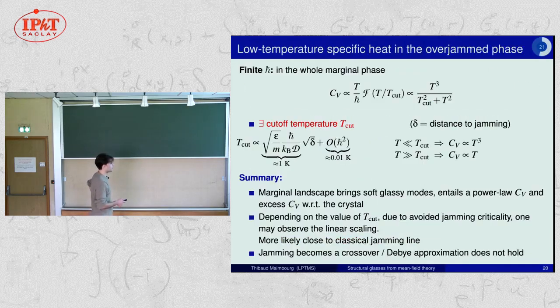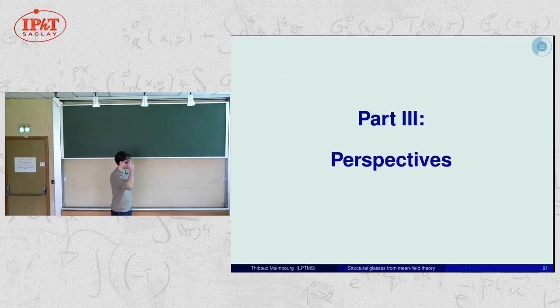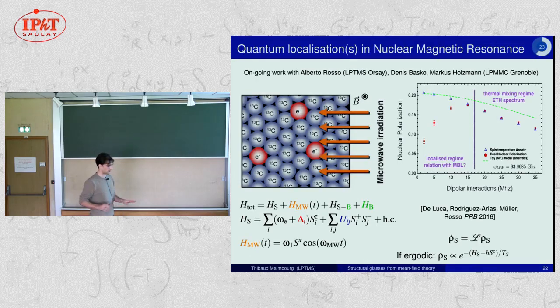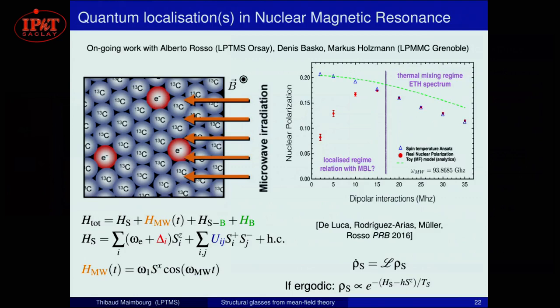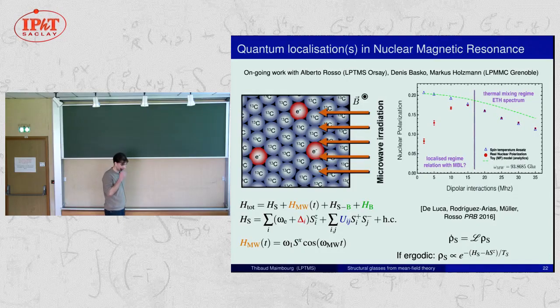Okay, so let me mention some projects I would like to address. For the first two, I need to introduce them very quickly, so I won't say exactly what I'm doing. With Alberto Rosso at LPTMS and Denis Basco and Marcus Holzmann in Grenoble, I just want to introduce the system.